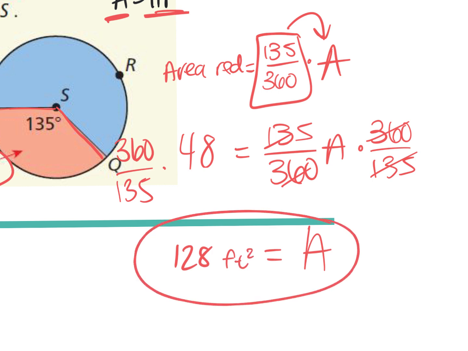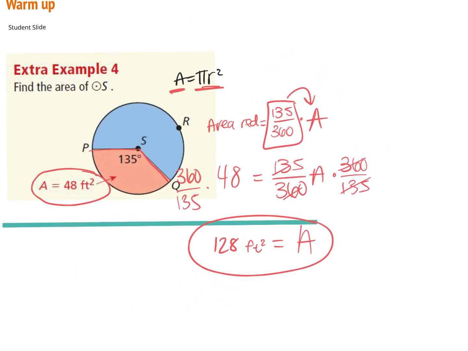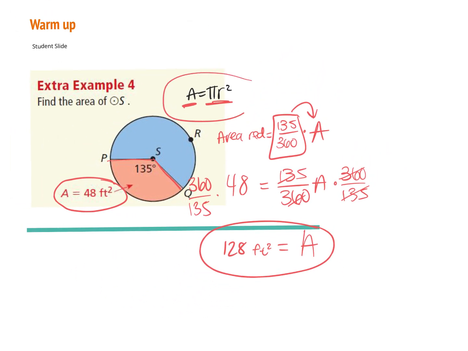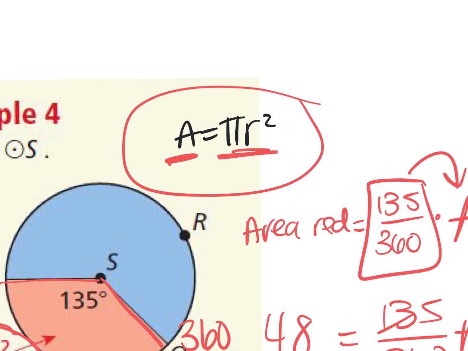Dylan, was that a hand to answer or a hand for question? Okay. Hannah? Which part? The area above, there's another equation that says area equals pi r squared. Yep. But is that what you did? No, it's not. So area equals pi r squared is what you should use if you have what value, Hannah? The radius.